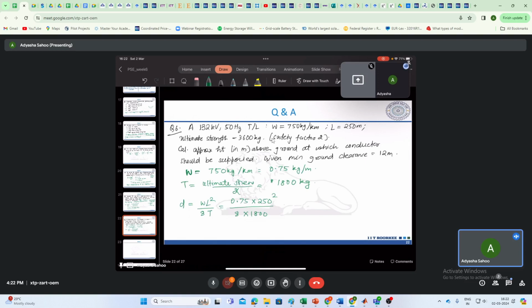This comes out as 3.255 meter. So height H is your ground clearance plus maximum sag, right? So that is 15.255 meter.